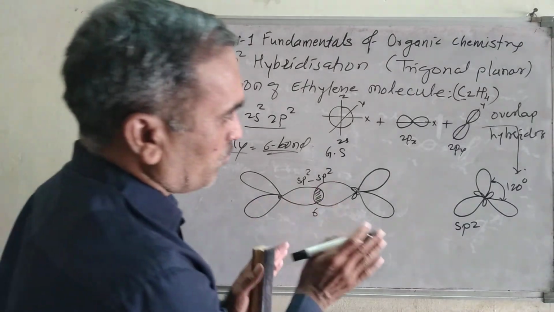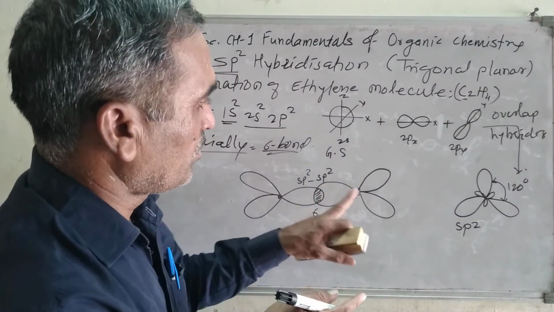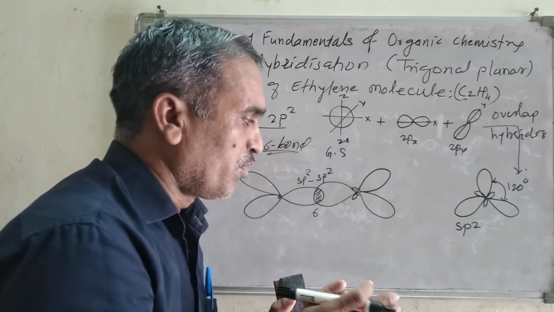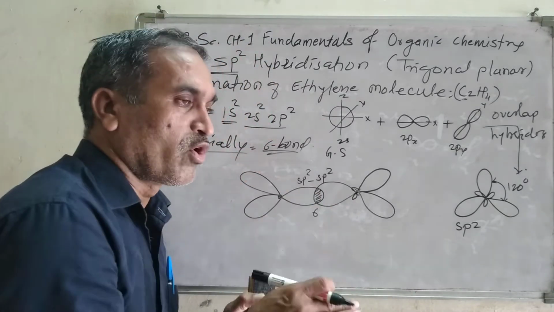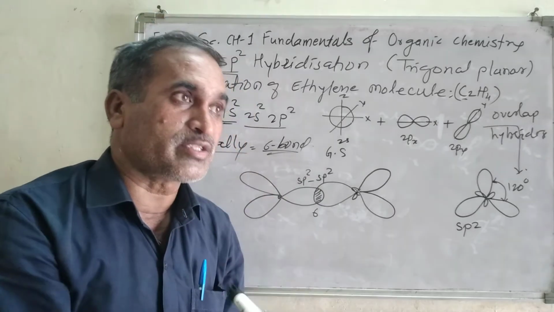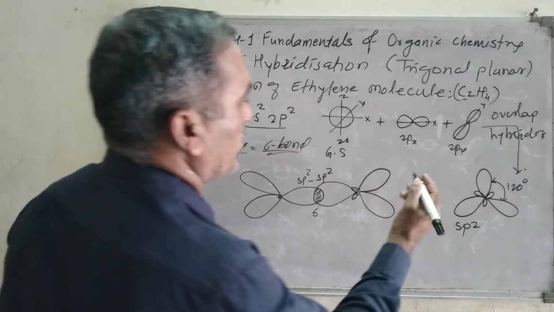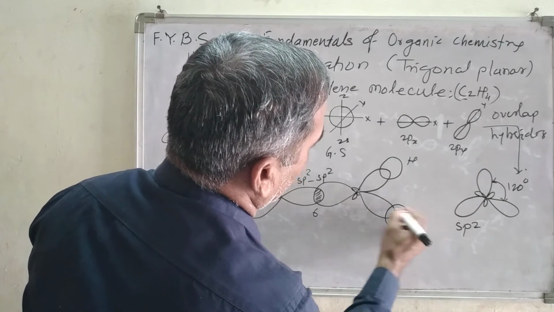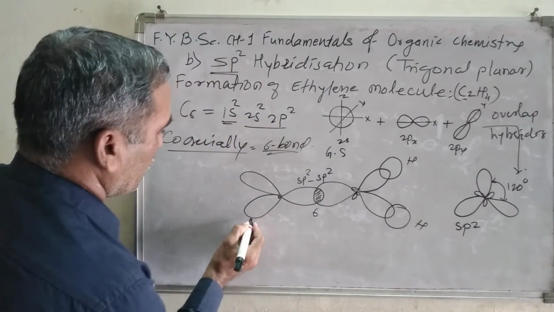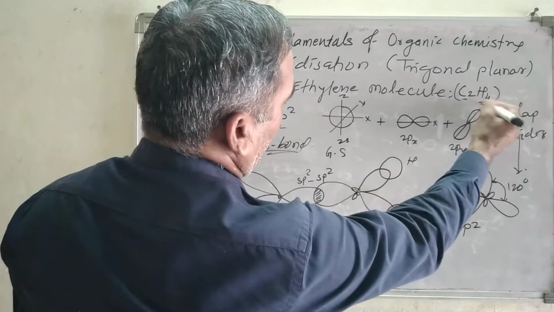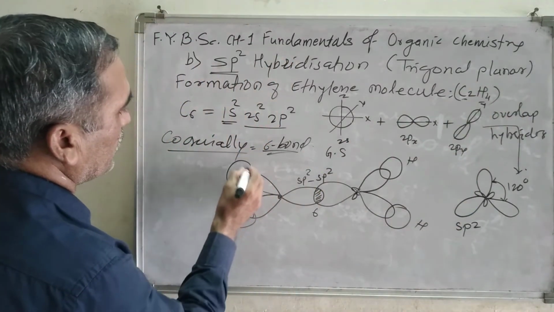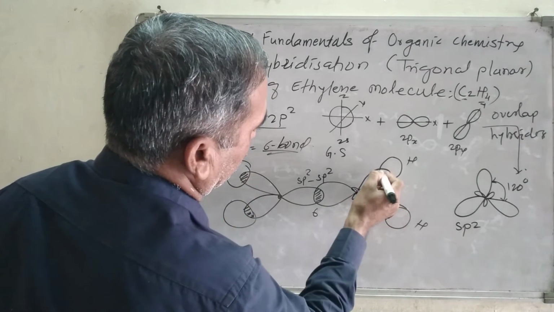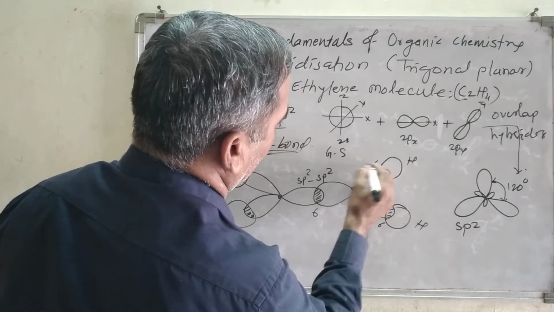And now 4 sp2 hybrid orbitals overlap with the 1s atomic orbitals of the 4 hydrogen atoms, and they form sigma bonds. This is a hydrogen atom here, another hydrogen atom here, one more here, because there are 4 hydrogen atoms. These are the sigma bond formations.